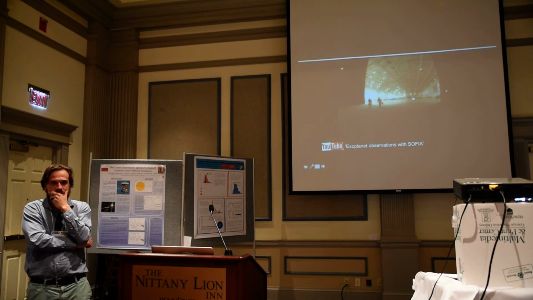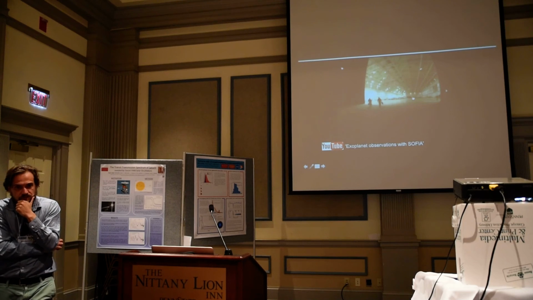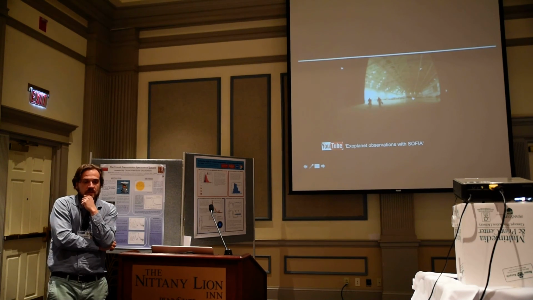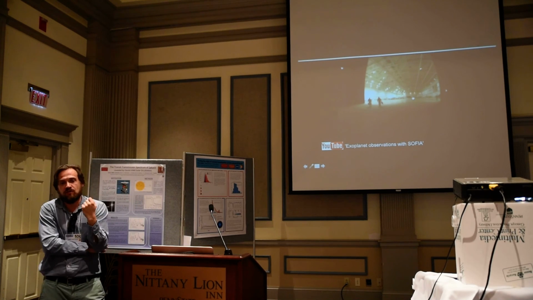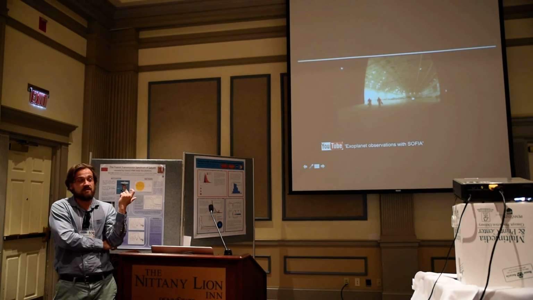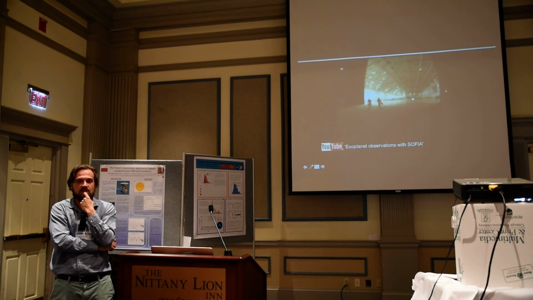Is there any plan to add new instruments on SOFIA, and how hard is it to apply, say, to modify the current instrument or add parts? There are actually recurring calls for instruments. There was just one this spring, a call for second and third generation instrumentation for SOFIA.